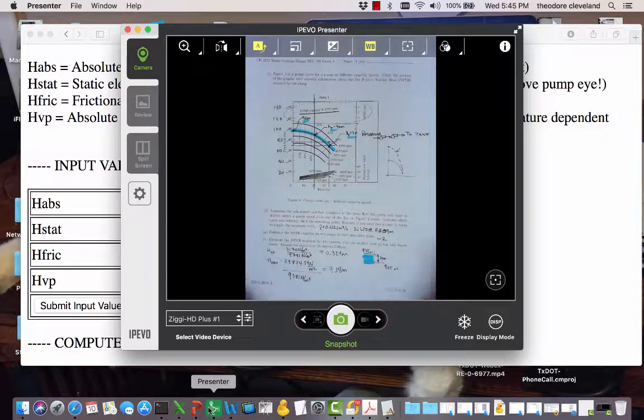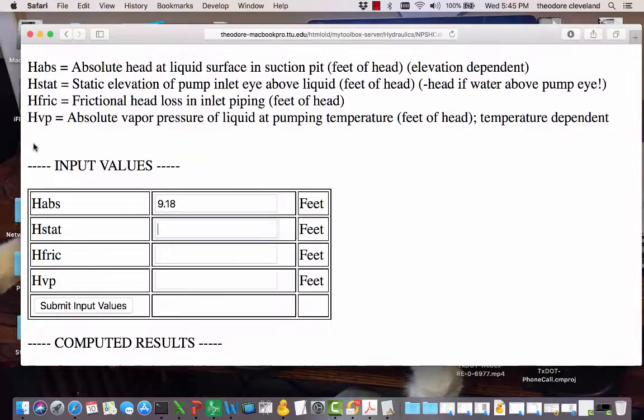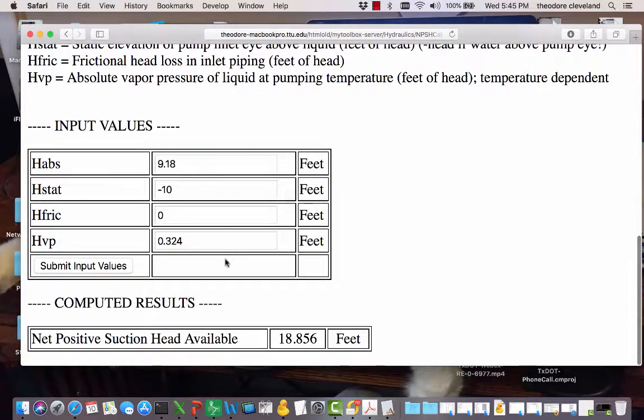So we have 10 meters of static elevation, and you use the minus value if the water is above the pump. Minus 10, said neglect friction, 0.324. And it claims that our NPSH available is 18.8 meters.